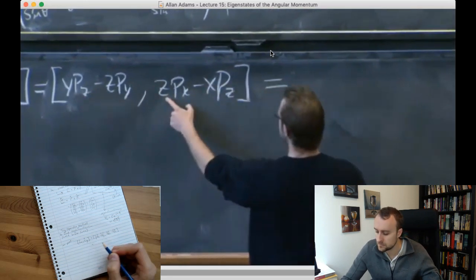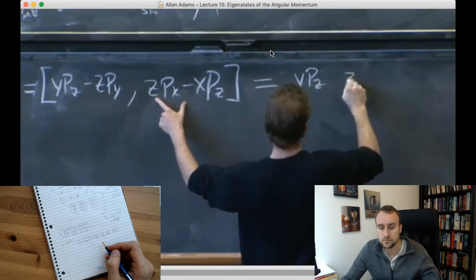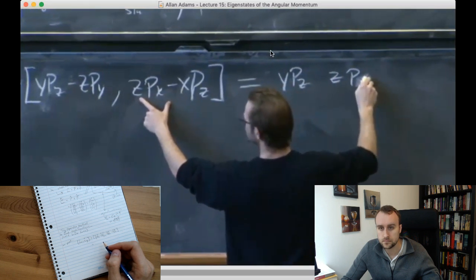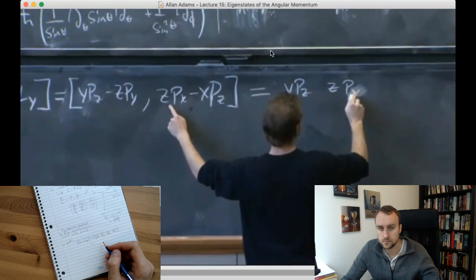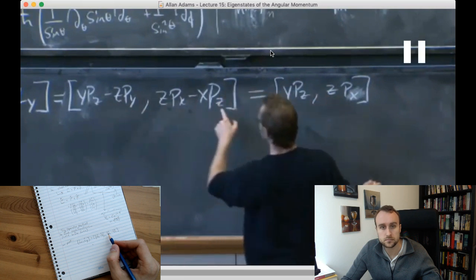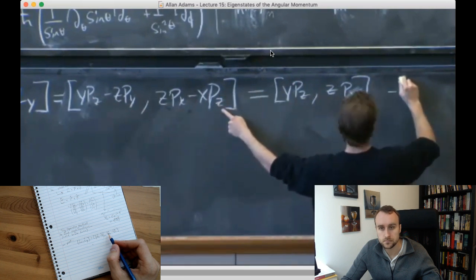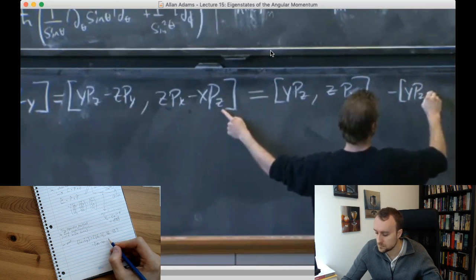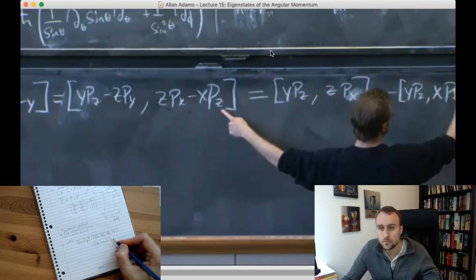The first one is y pz with z px. That's the first commutator. The second commutator is y pz with x pz.